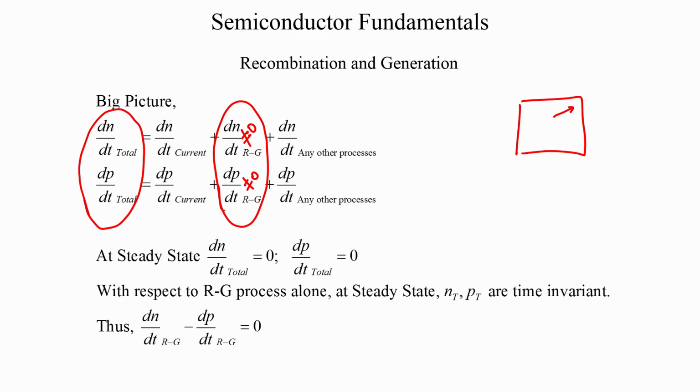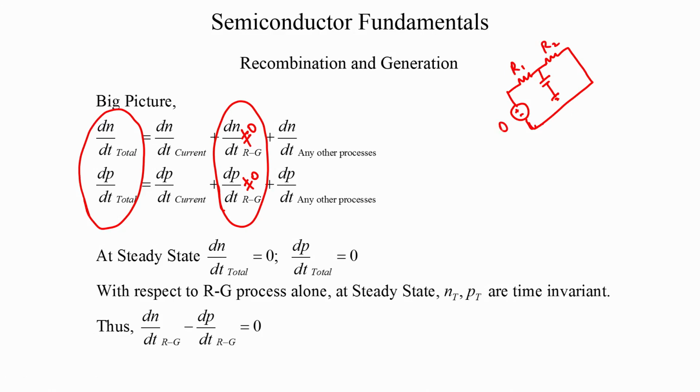So, what does that mean? Let me give you an example in terms of electrical circuits. Say you have a resistor capacitor circuit, something like this, and you have a voltage source that is driving a current through this resistor and capacitor.